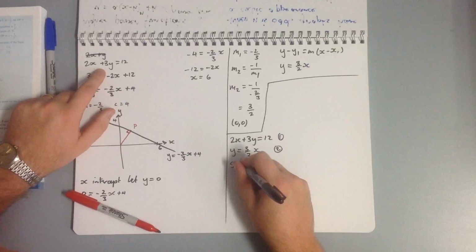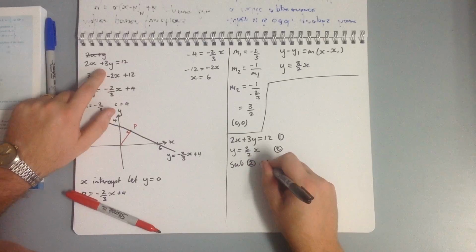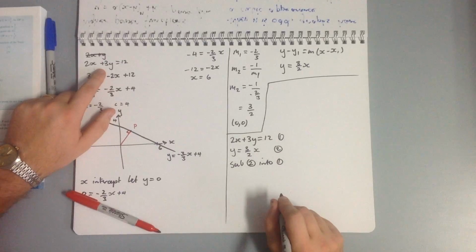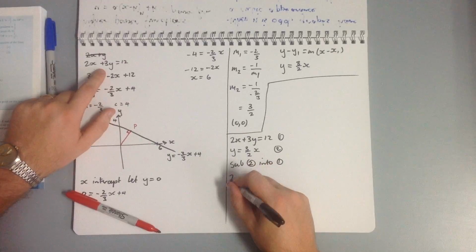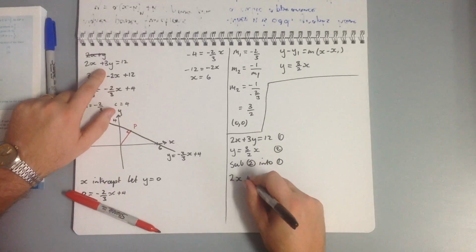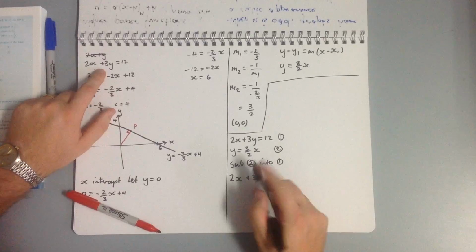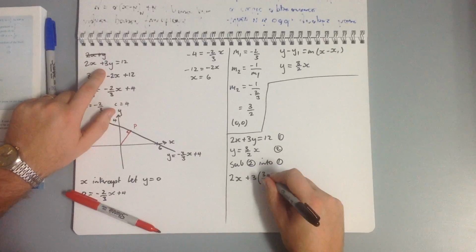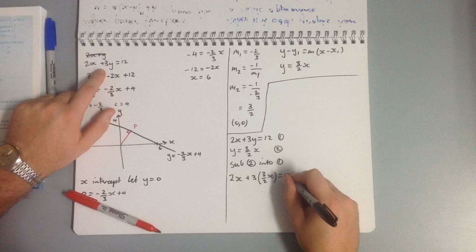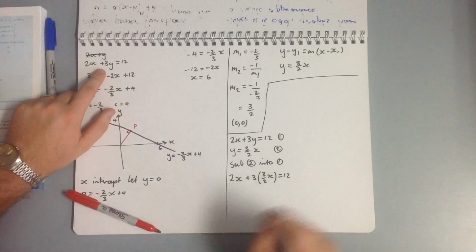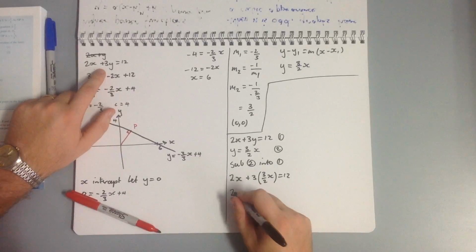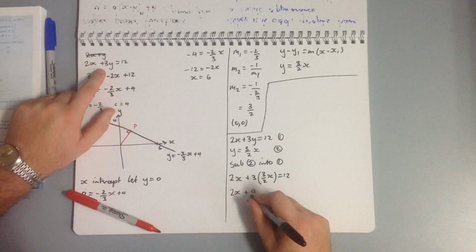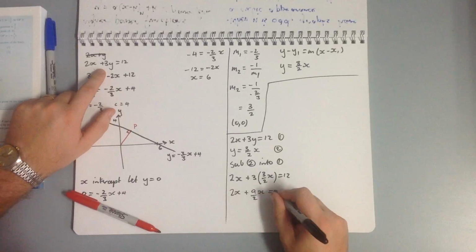We're going to sub 2 into 1, so that we get 2x plus 3 times y. Now y is this though, so it's 3 times 3 on 2x equals 12. So that means that we get 2x plus 9 on 2x equaling 12.